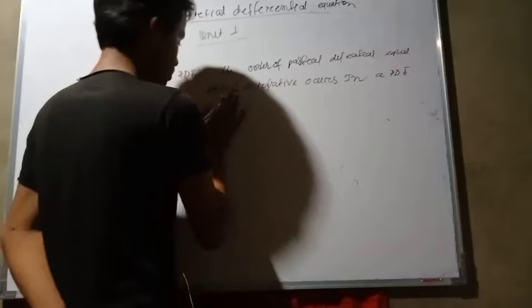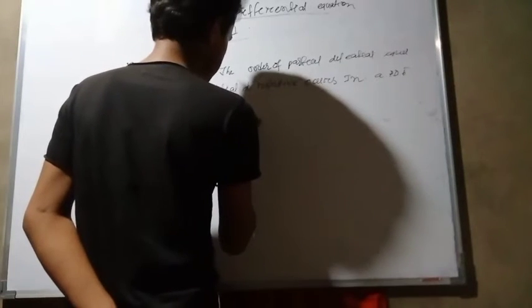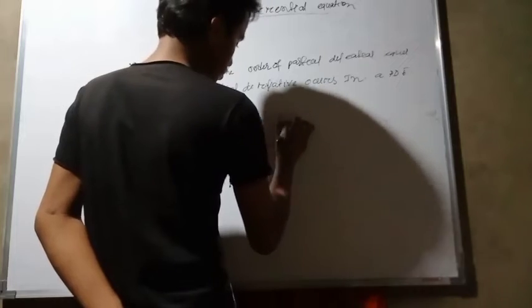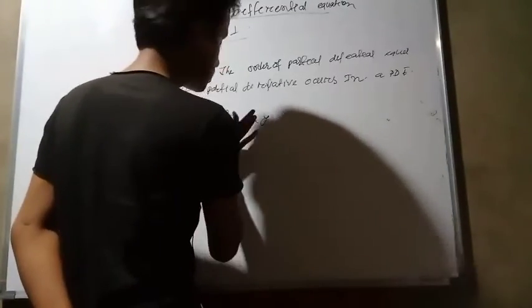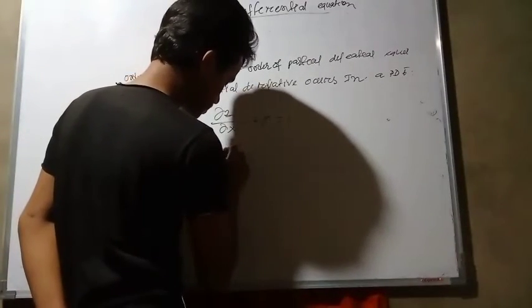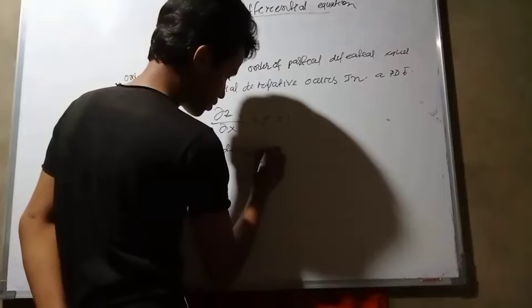Suppose we have the equation dz/dx + y = 1. Here the derivative occurs one time, so basically the order equals 1.